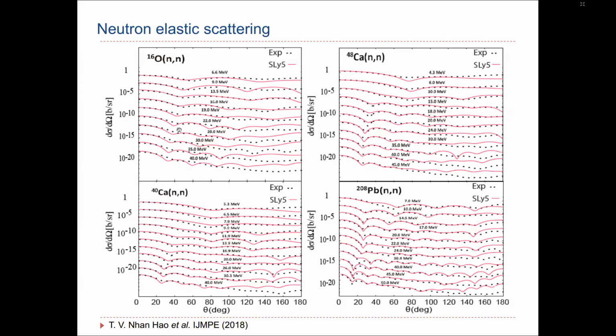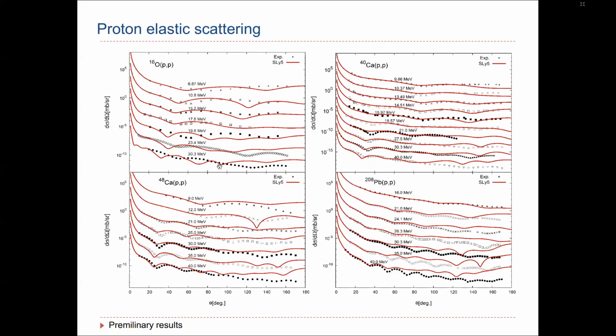For oxygen-16 it is less good. Then I continued my work to extend it to proton elastic scattering, and I have an acceptable result. It's not so beautiful like the phenomenological potential, but at small scattering angle, it's okay.